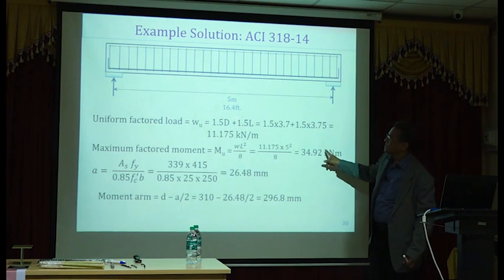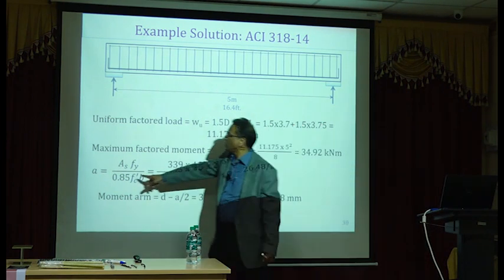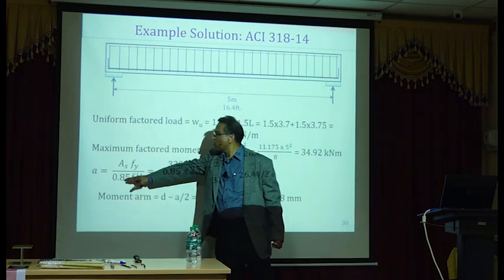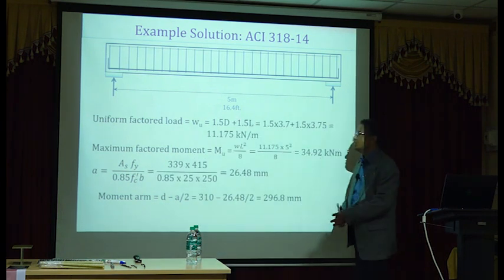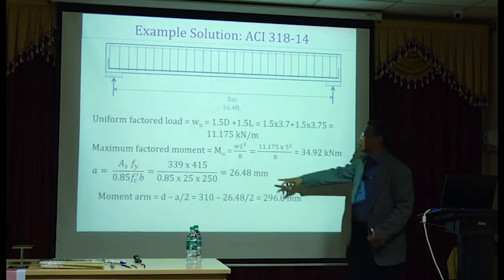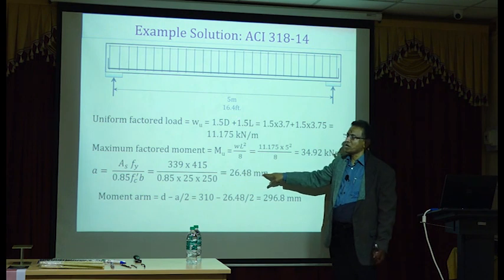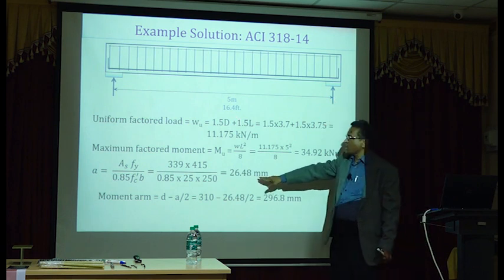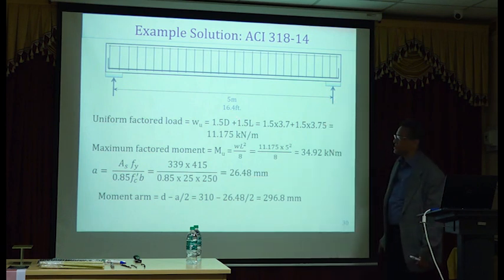Now the depth of the compression block can be based on AsFy over 0.85 f'c times b. So that works out to be 26.48 millimeter. If you compare it with what we had in IS 456, that was much larger.